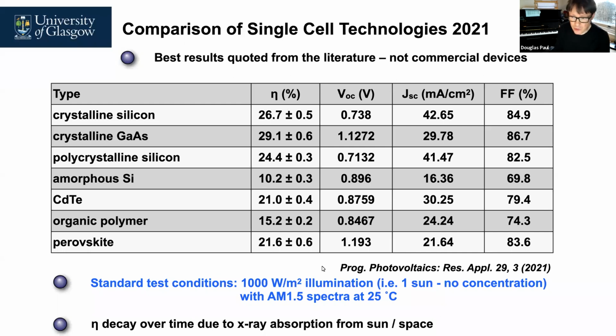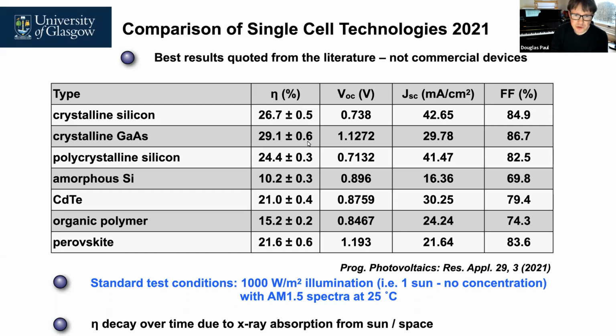And as I said before, anything that's solar, if you get dust falling on the surface, that reduces the amount of light that goes in. So over time, photovoltaic cells actually reduce their efficiency because of the damage from the high energy particles from the sun and from space. So here are the numbers.